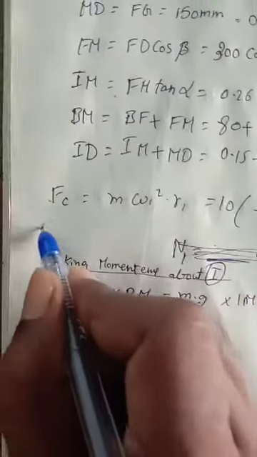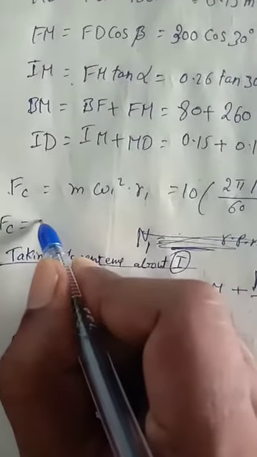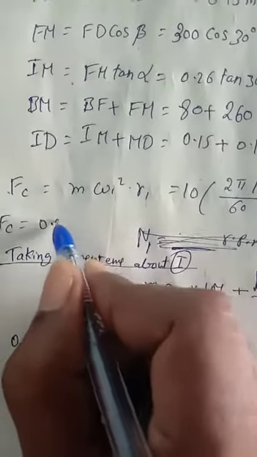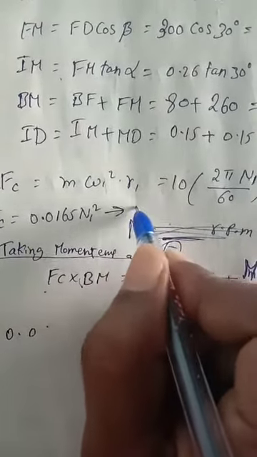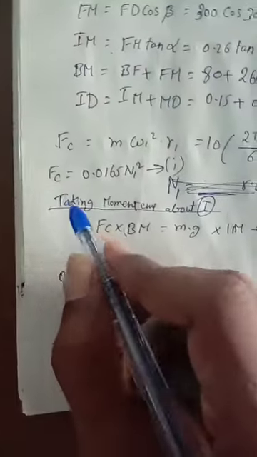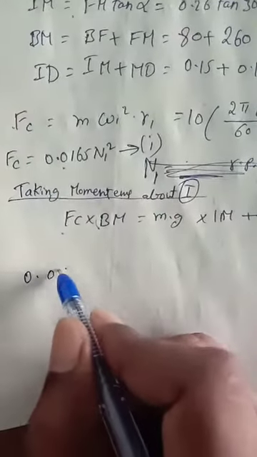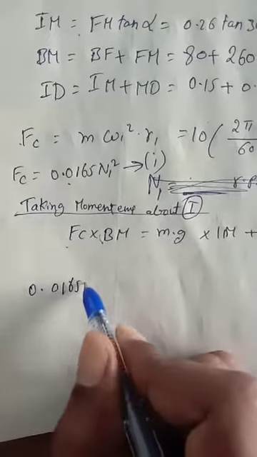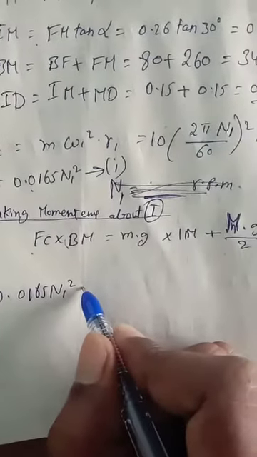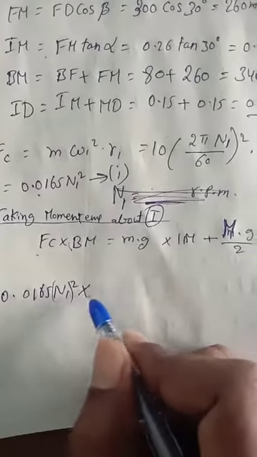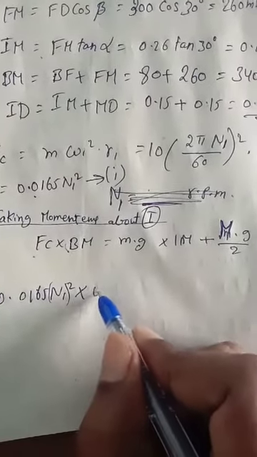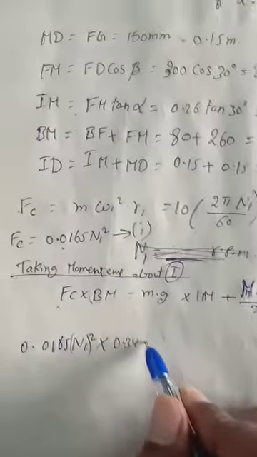So Fc is equal to, we will get the answer in relation of 165 n1 square. Take this as equation number 1. From equation number 1, substitute the Fc value here, n1 square, into BM. Already we know the BM value.